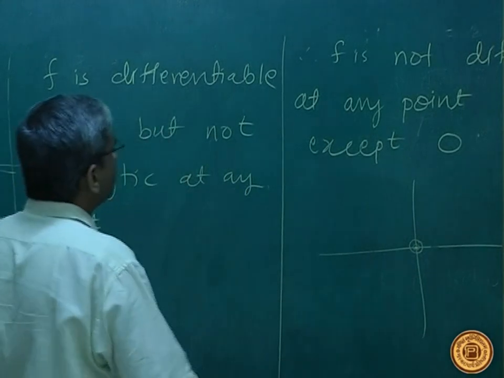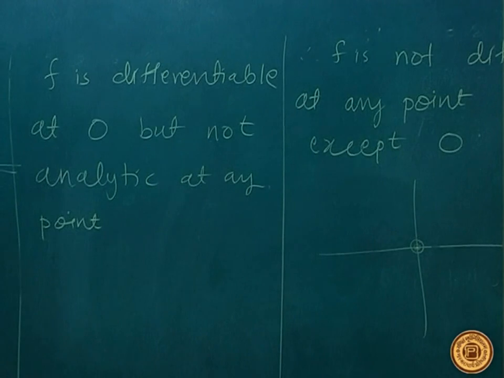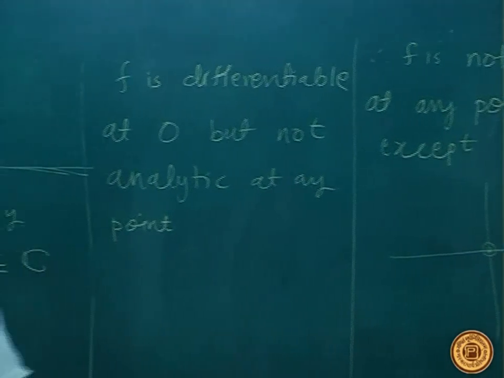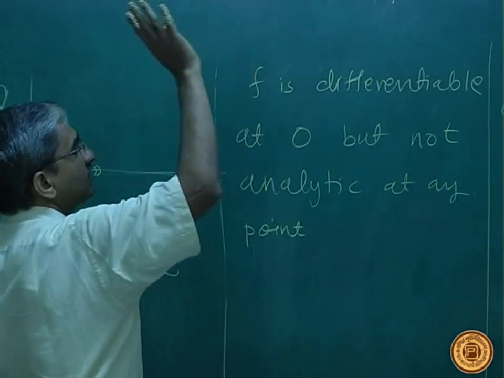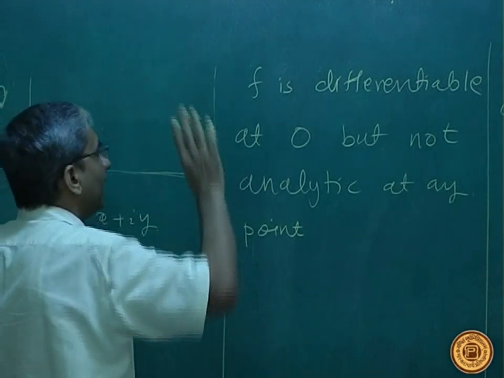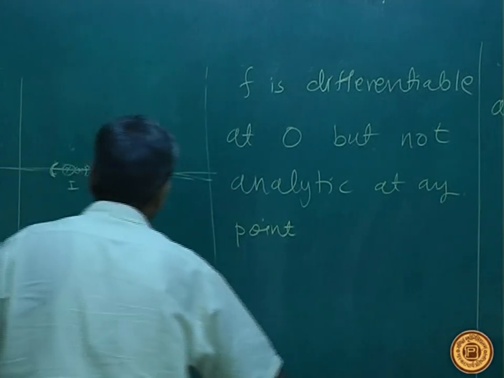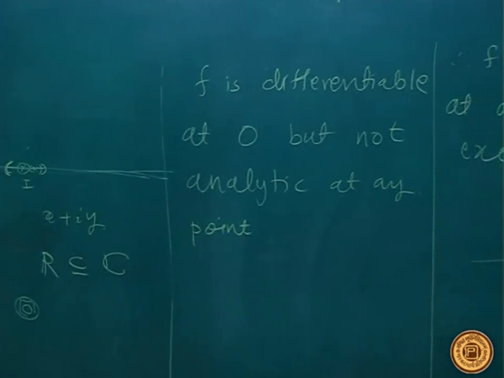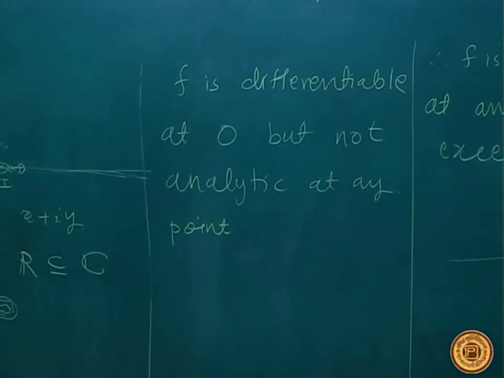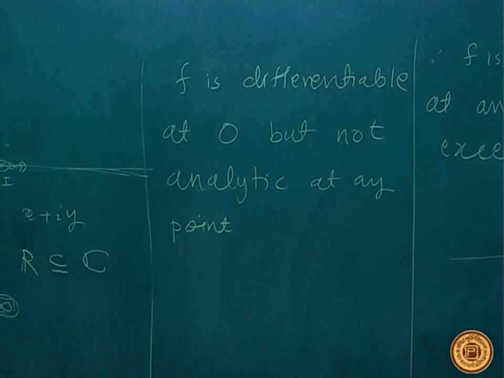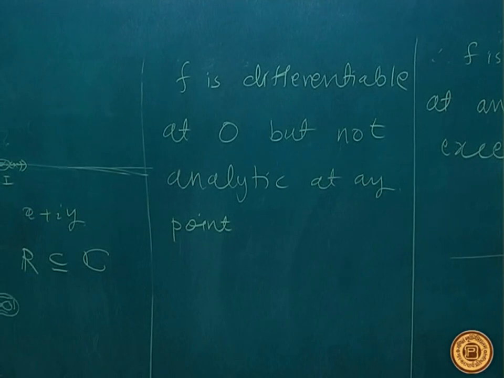The function which is analytic everywhere, so a function which is analytic at every point of the complex plane will be called an entire function, okay. So, this is a very special category of analytic functions.